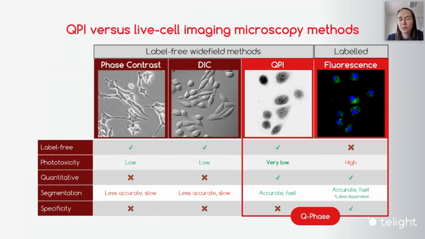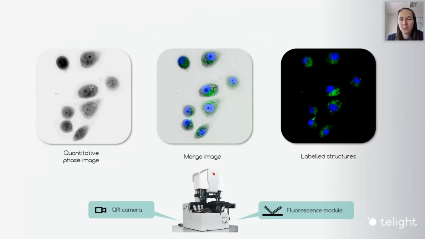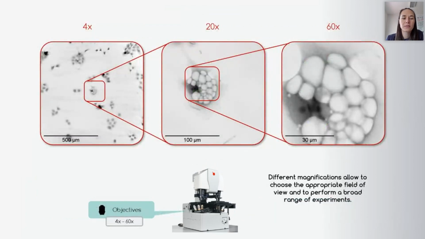That's where fluorescence steps in. And this is also the reason why we combine these two imaging modalities on our microscope. The data can of course be easily overlapped in our software. And I would also like to mention that the microscope is equipped with different magnification objectives, so the user can decide if they want to study a larger cell population in a bigger field of view or focus on the details in cells.